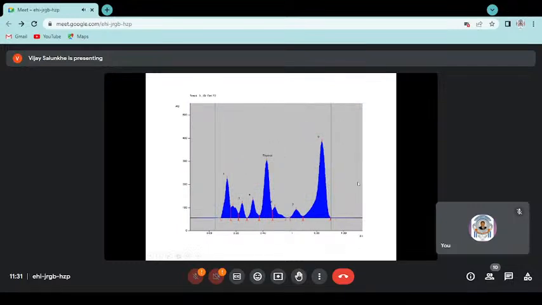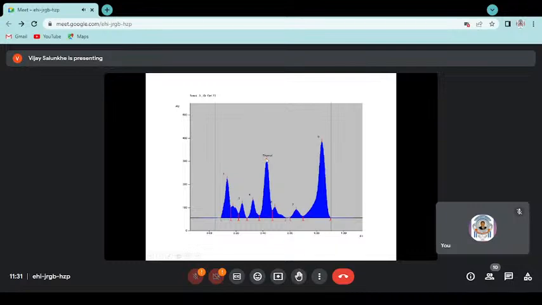So this one is the best example. You can get such a fingerprint on your computer or monitor. For example, if that herbal extract contains 7 to 8 chemical constituents, then those 7 to 8 chemical constituents can be separated by a proper mobile phase system. You can get 7 to 8 bands. Those bands get converted into peaks with the help of densitometric scanning, and you can get one of the peaks of thymol here.